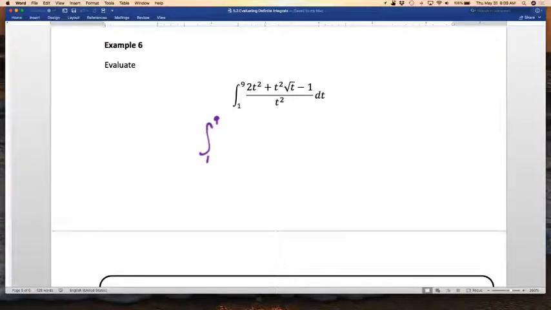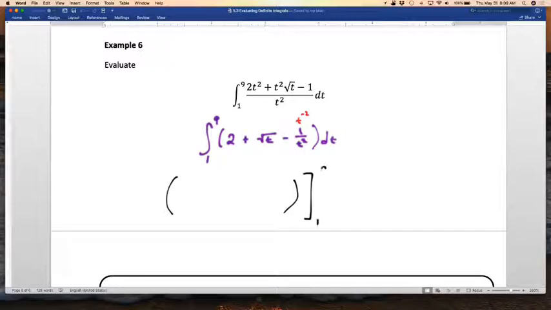We're just changing the shape of what's inside. So we would get 2 plus radical t minus 1 over t squared, or sometimes I find it easier to find the antiderivative when we look at it as t to the negative 2. So this is going to be equal to what we get when we take the antiderivative evaluated from 1 to 9. So what's the antiderivative of 2 with respect to t?